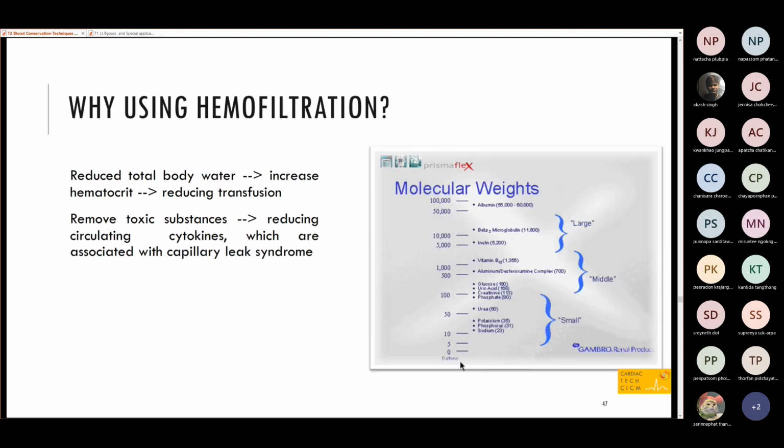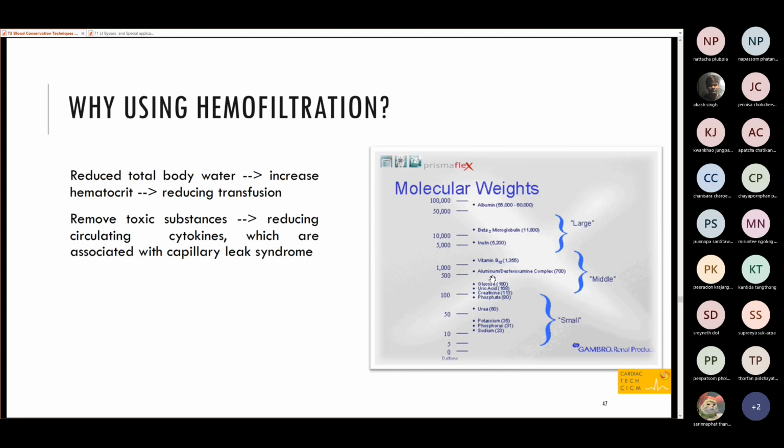Okay. So why use hemofiltration? Because we need to reduce total body water to increase hematocrit and to reduce blood transfusions. And it also removes toxic substances to reduce cytokines, to reduce any bad substance.